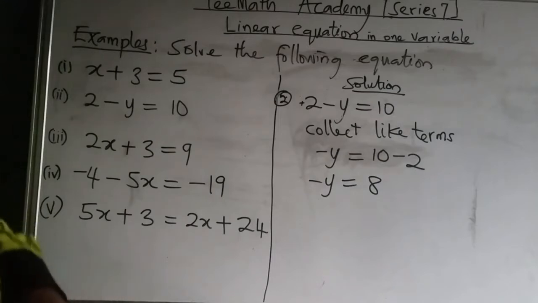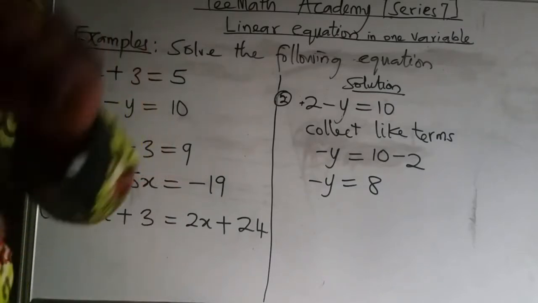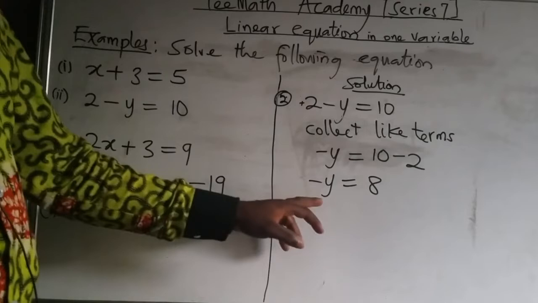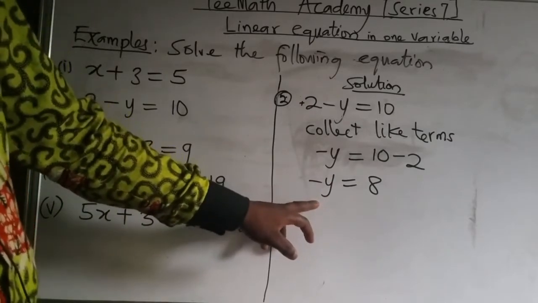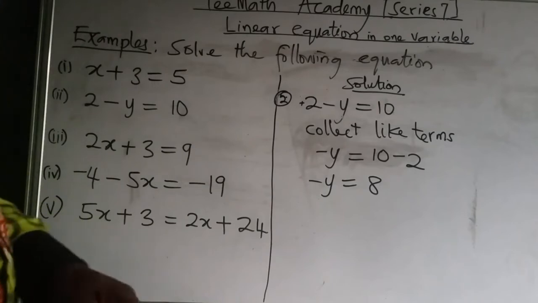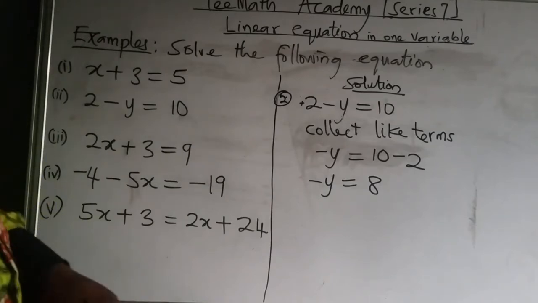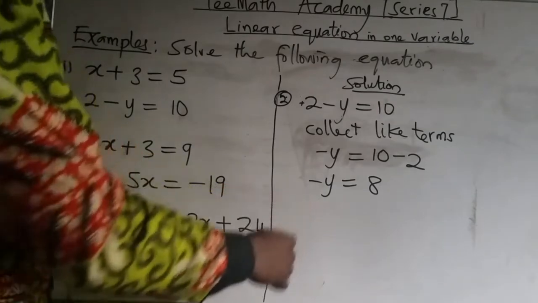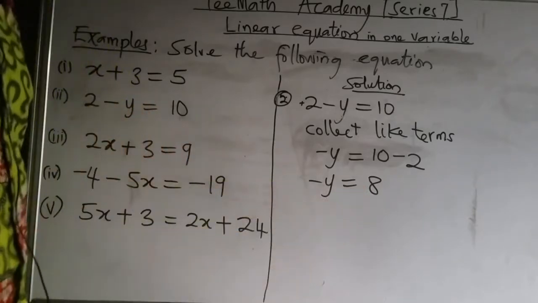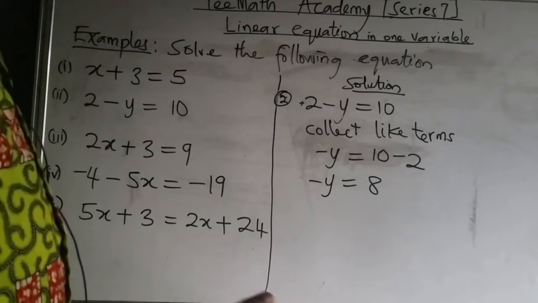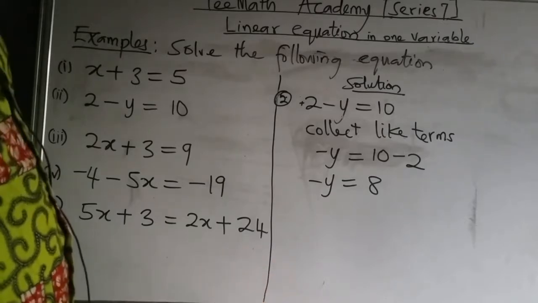But please, your variable, that is the letter that you are looking for, must not be in negative sign. You must not leave it there. So what do you do? You know, some textbooks or some teachers will tell you to multiply through, that is, multiply both sides by minus 1. That may look kind of confusing to some students.